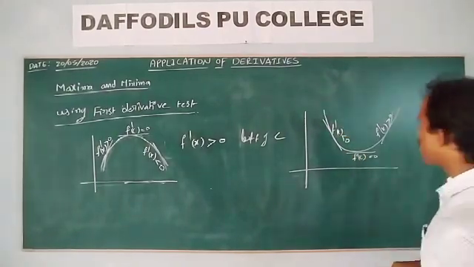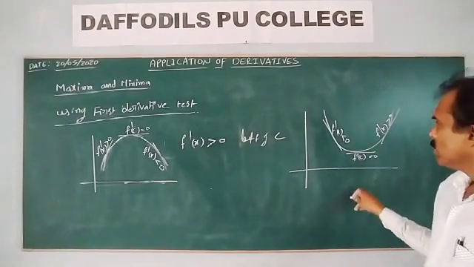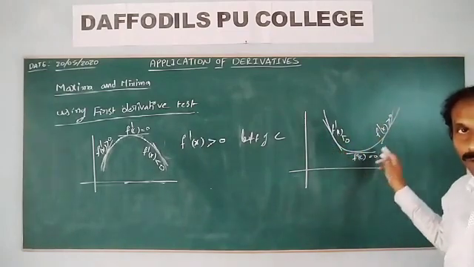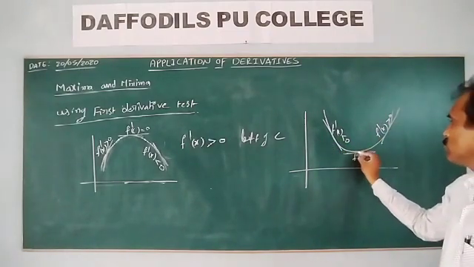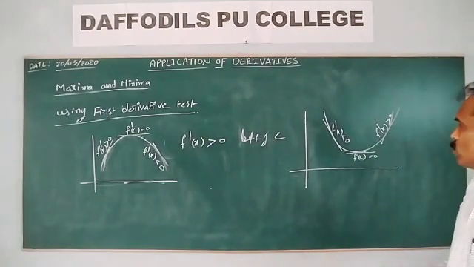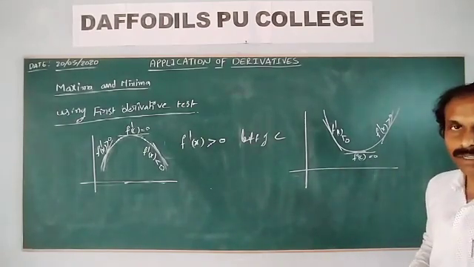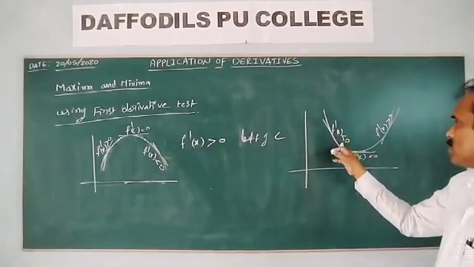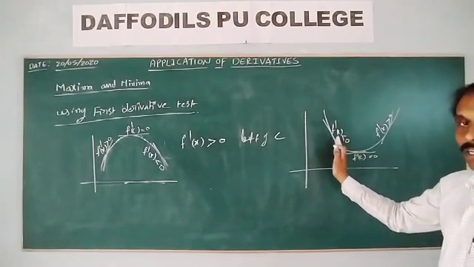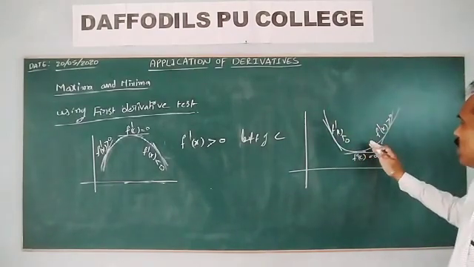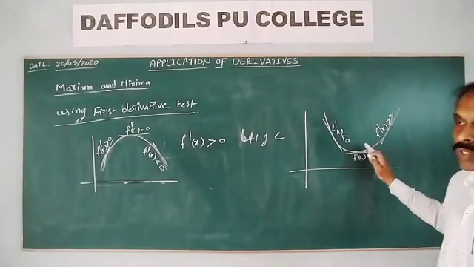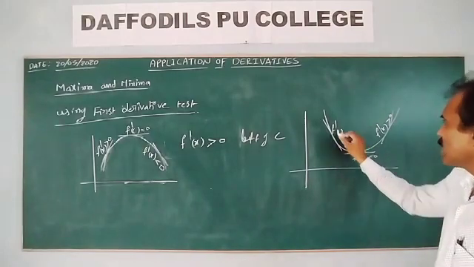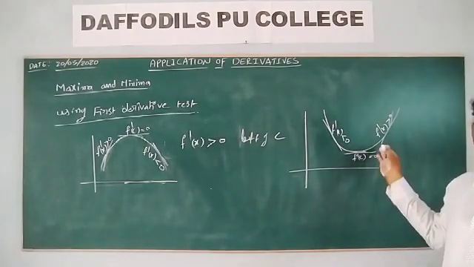Observing this graph, if f dash changes sign from negative to positive as x increases through c, in the neighborhood of the point, negative to the left of c and positive to the right of c, then f has a local minimum value.